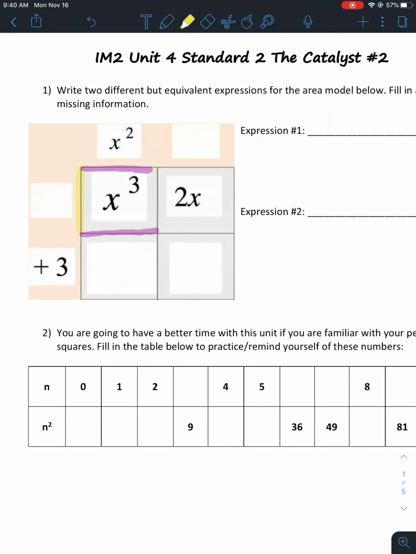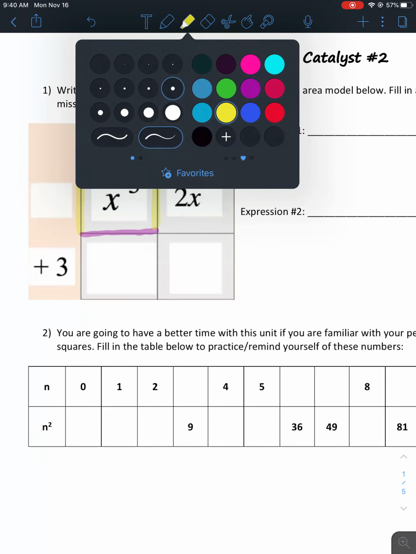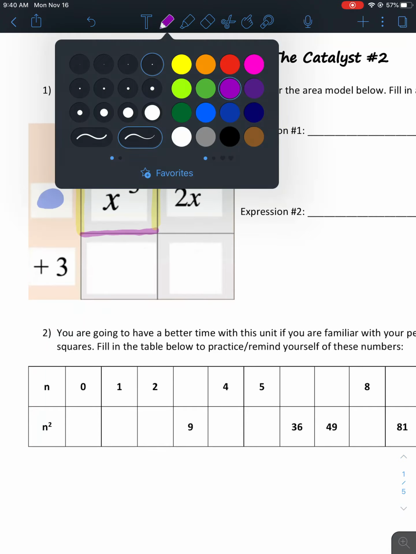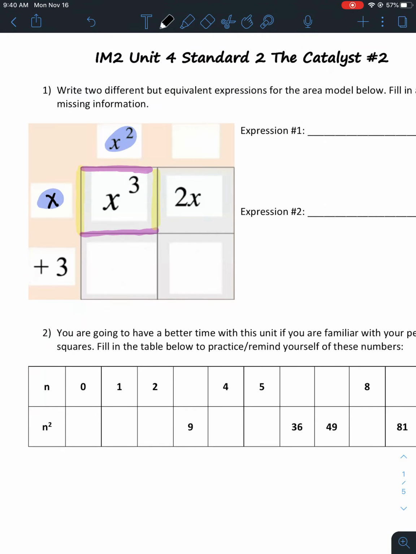So when I look at this problem here, and just keep in mind that I am only looking at this first box. All I know is this, times whatever number this is, must give me x cubed. So that gives me no choice but to write an x here. So that yellow line that I'm showing you has to be x.